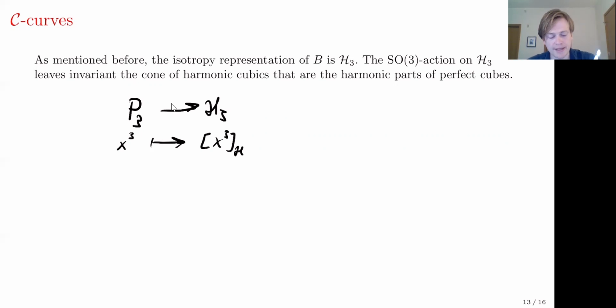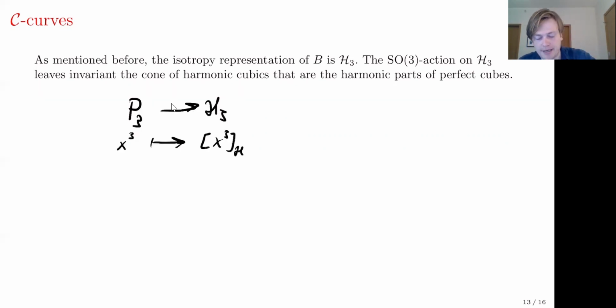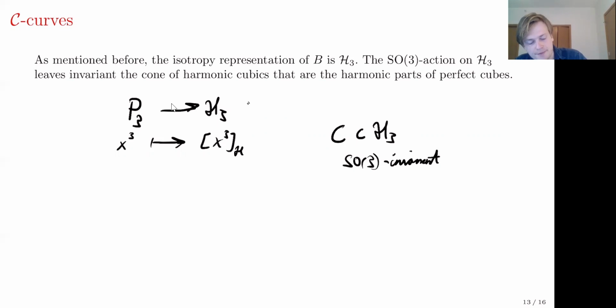If you take the image of this map over all perfect cubes, these things x cubed, y cubed, z cubed, etc., then what you get is a cone of harmonic cubics that are themselves the harmonic parts of perfect cubes. So in H3, you get the space C inside H3. And this is SO(3) invariant, because this map itself is SO(3) equivariant, so the image you get is going to be SO(3) invariant.